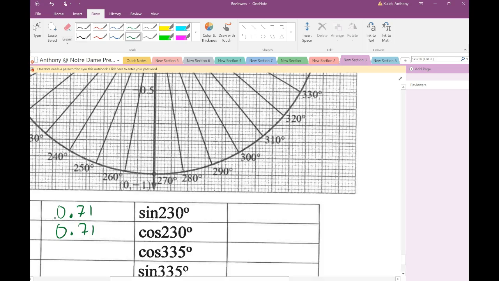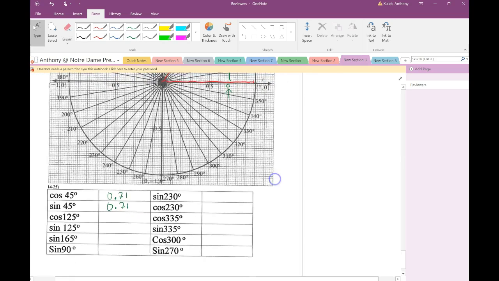So what I'd like you to do with the remainder of this sheet is use the unit circle to approximate the rest of these values. Try to do your approximation to the hundredths place, so 2 decimal places. Just to get you a little more comfortable with how to use that unit circle.